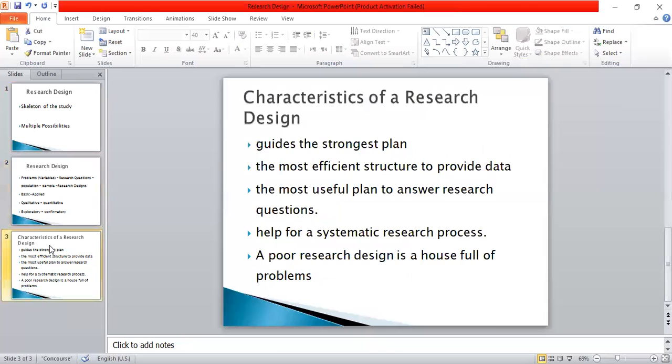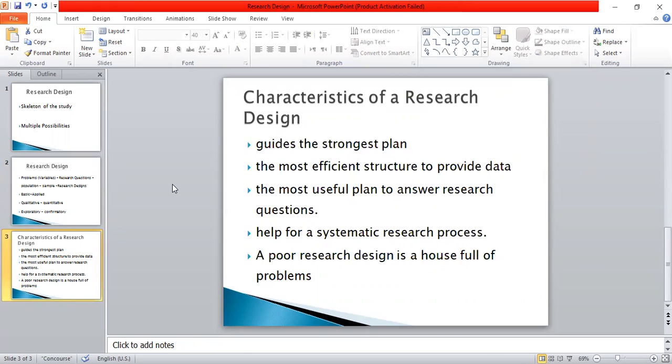If we talk about the characteristics of a research design, it's basically the strongest plan for how we will carry out our research. The second thing is that this is the most efficient structure to provide data for your research.